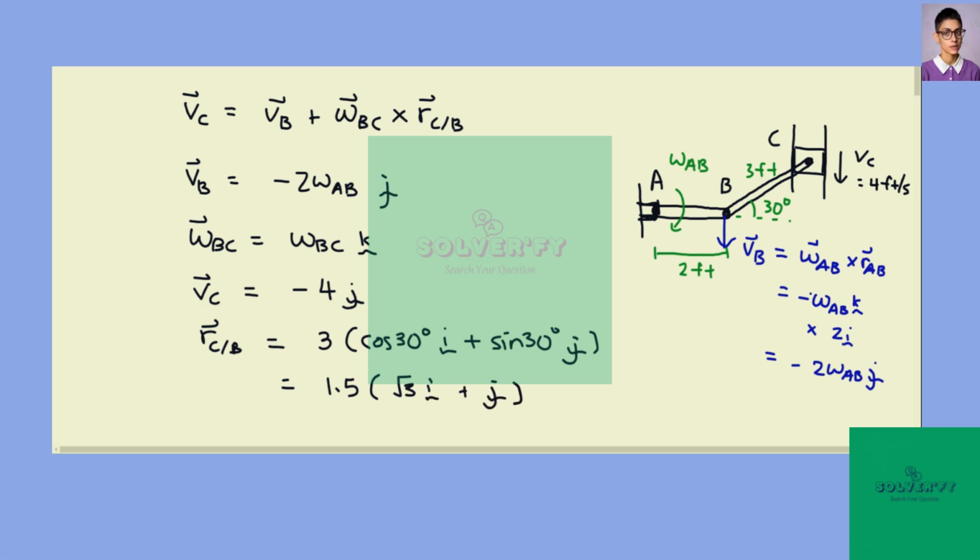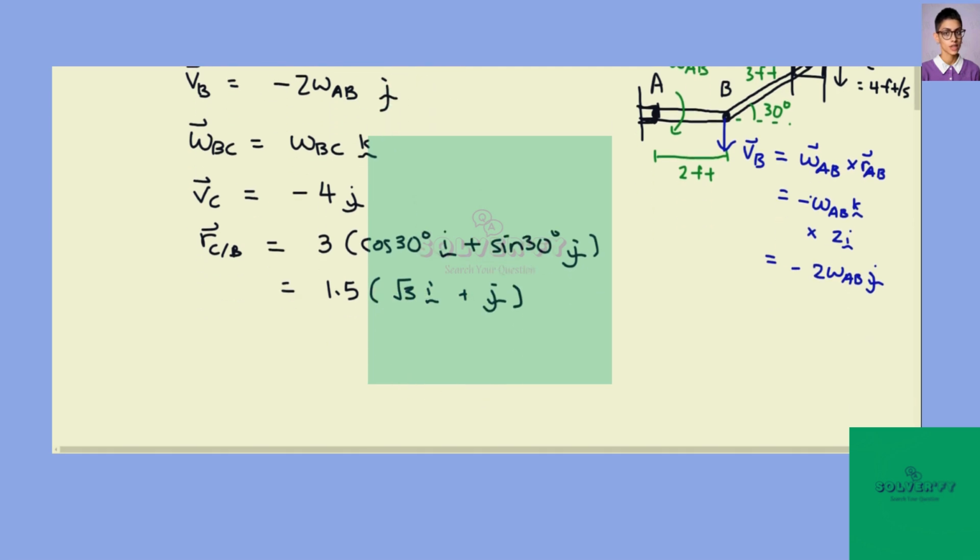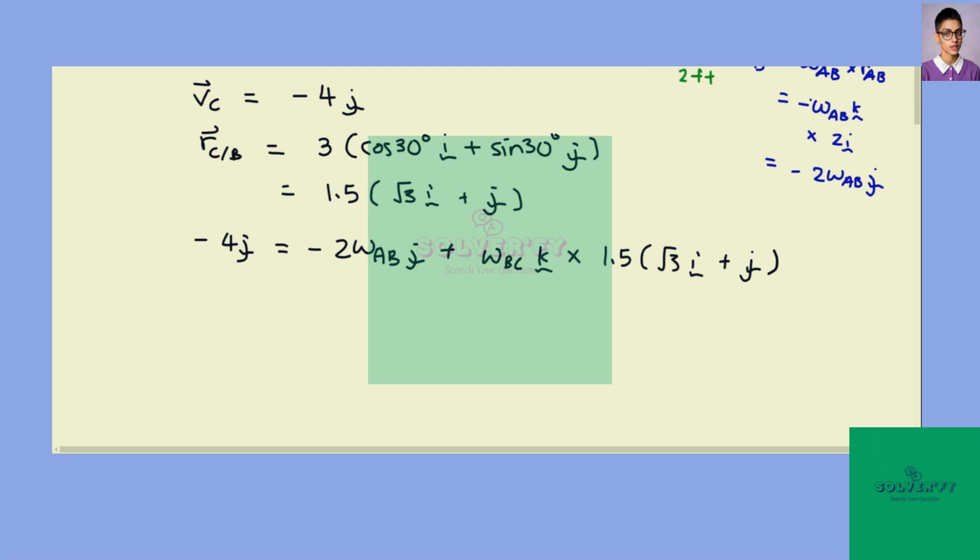So now we have all the information. We can put all this information into the first equation. So we have minus 4J equals minus 2 omega AB J plus omega BC K hat cross with 1.5 root 3 I plus J. So we just keep doing the algebra.